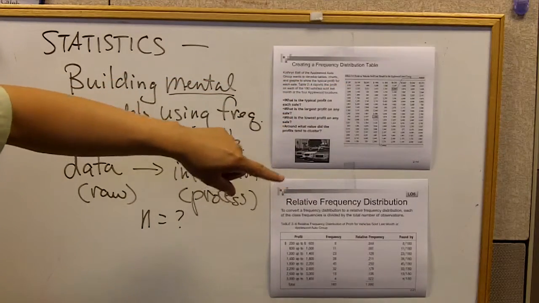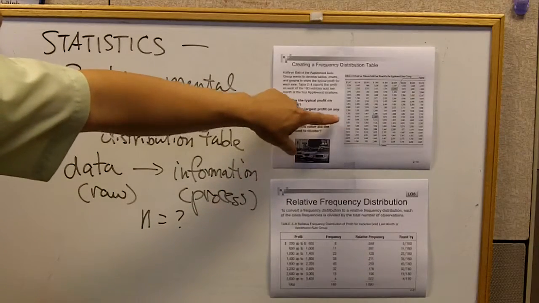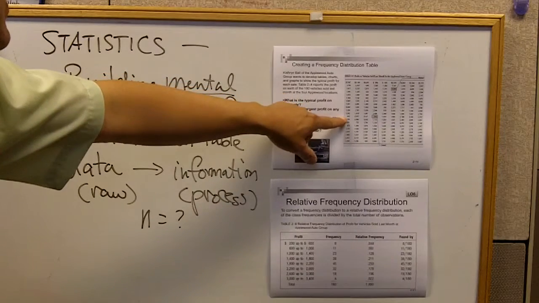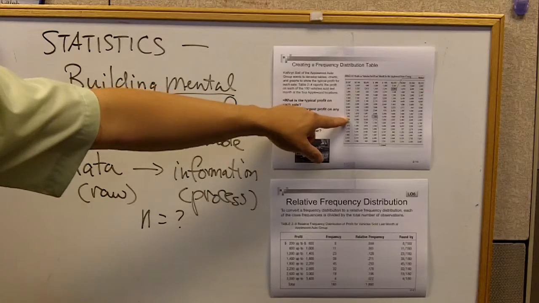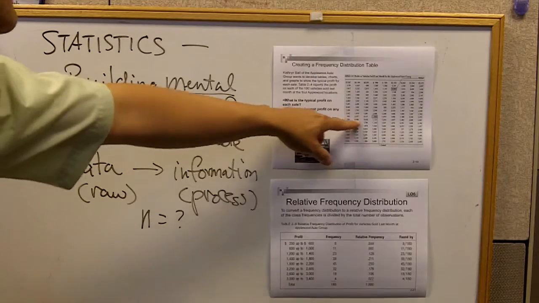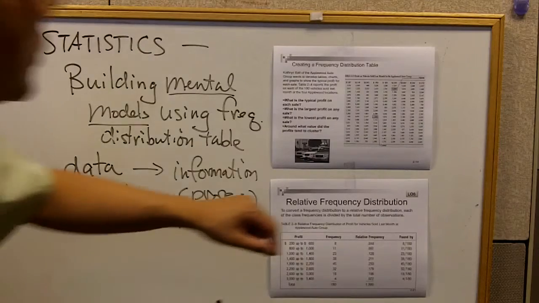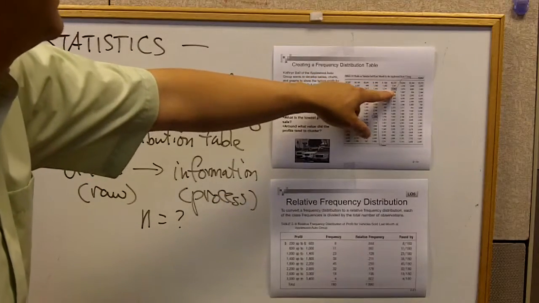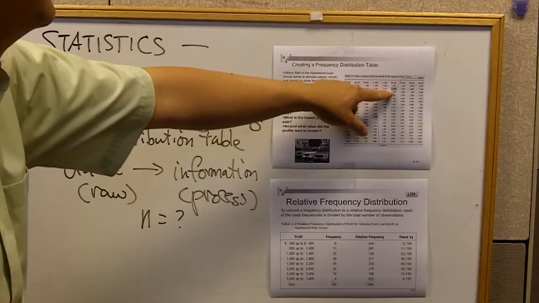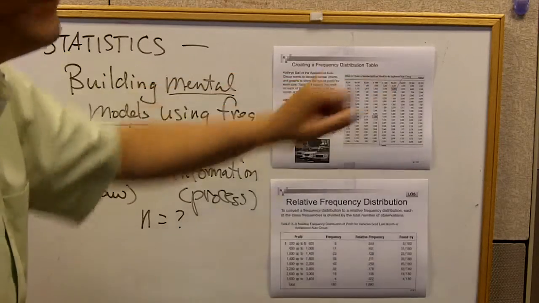But we also have some vehicles that were sold with very little profit, like $423 or even less, $294. But there's also a vehicle where the company was able to make over $3,000 profit.